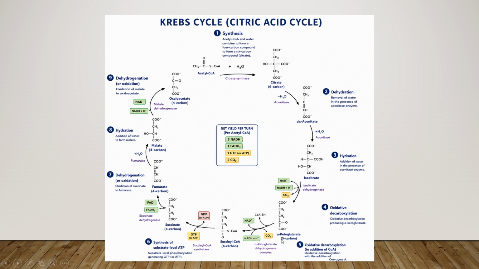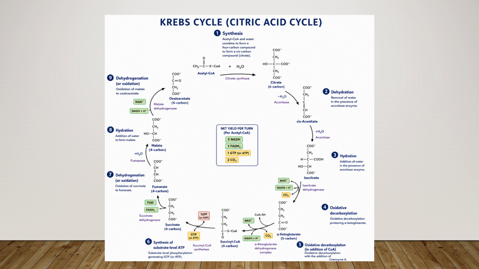In the 5th step, one more NADH is produced. And in the 9th step, one more NADH is produced. So 3 NADH molecules are produced in the Krebs cycle. And if you look at FADH2, just one FADH2 molecule is produced, in the 6th step.